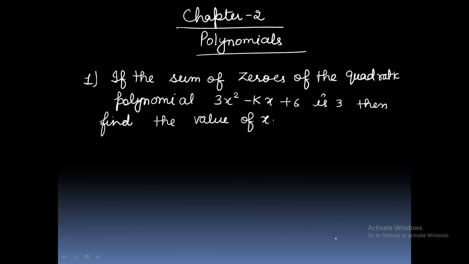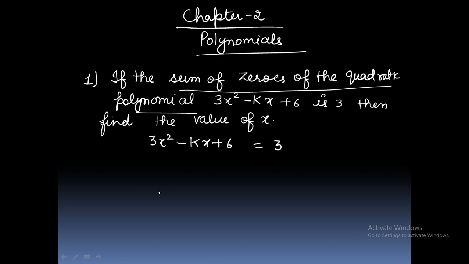Now next chapter 2, polynomials. In polynomials, first question: the sum of zeros of the quadratic polynomial 3x raised to power 2 minus kx plus 6 is given as 3. Find the value of k.